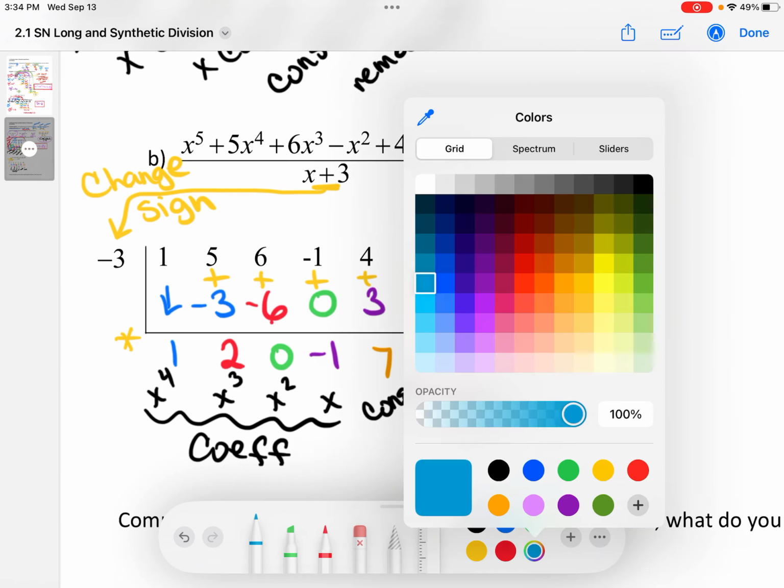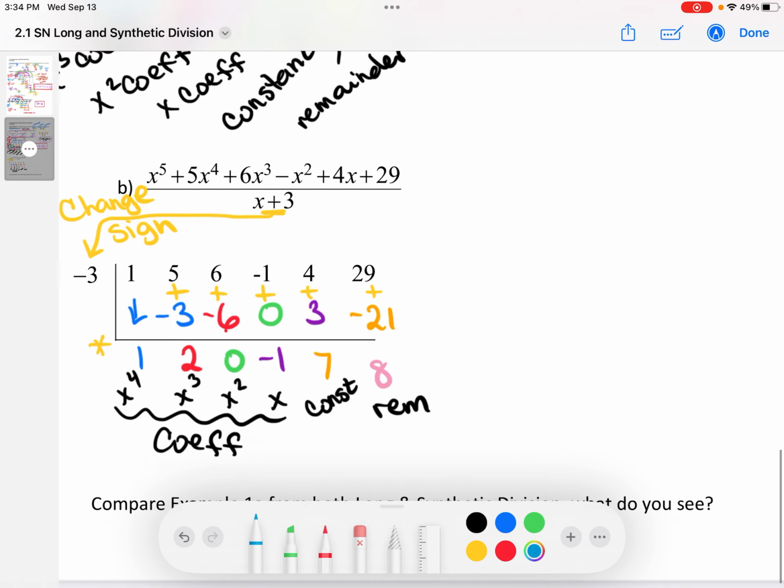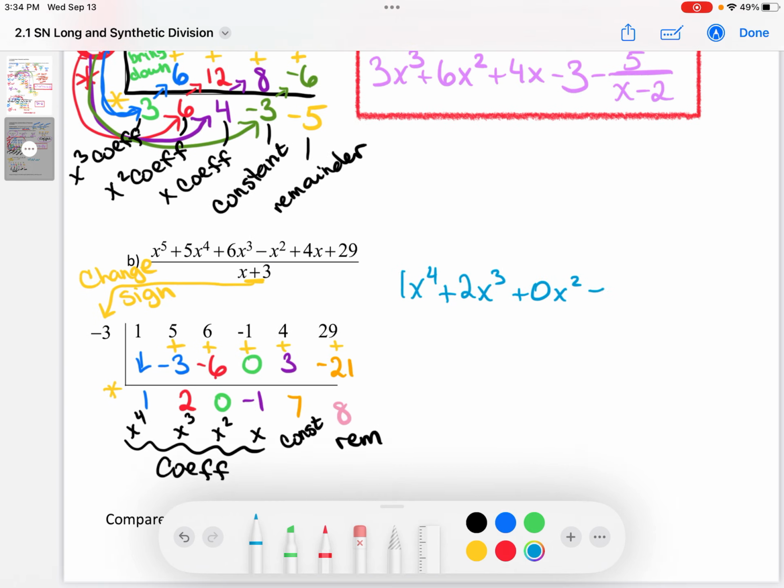So to write that final answer, x to the 4th has a 1 coefficient. 1x to the 4th plus 2x to the 3rd plus 0x squared minus 1x plus 7, then plus 8 remainder over the bottom of the fraction, x plus 3.